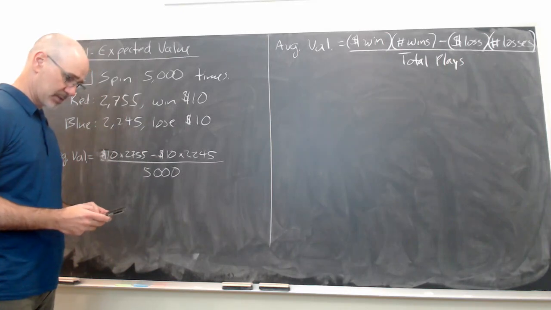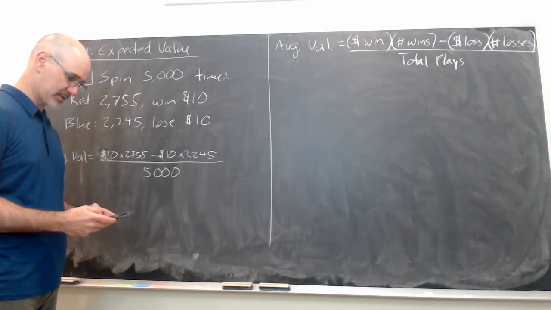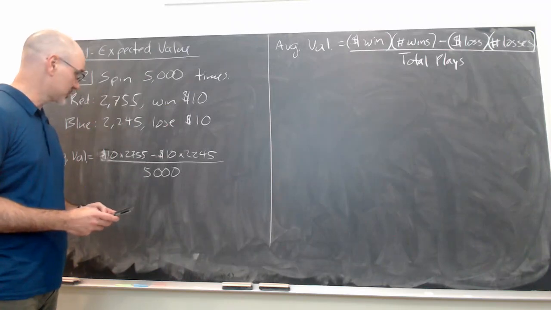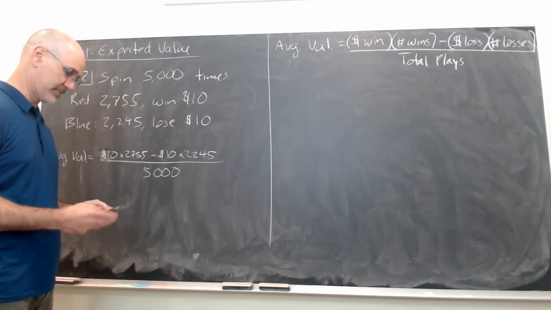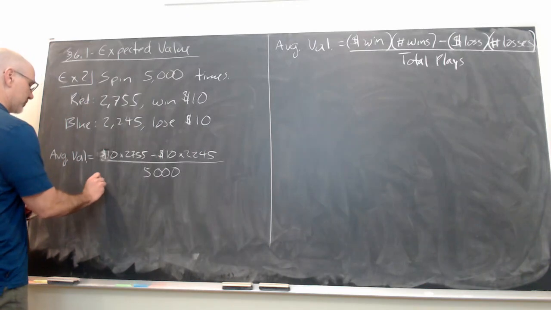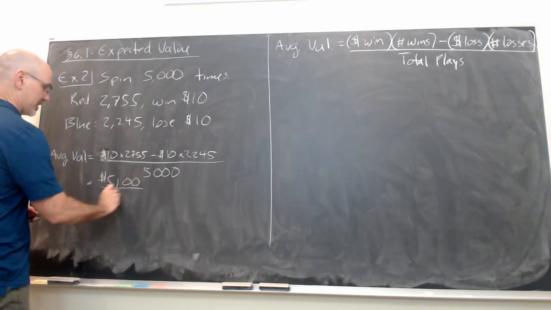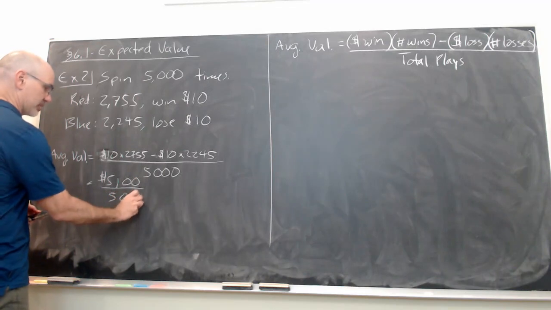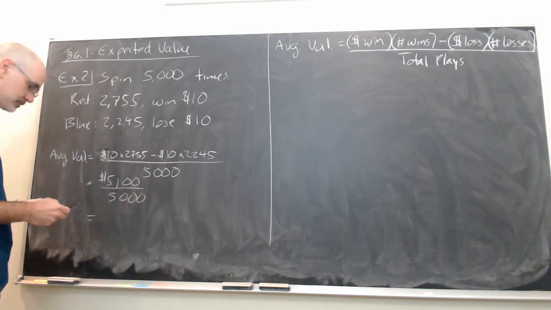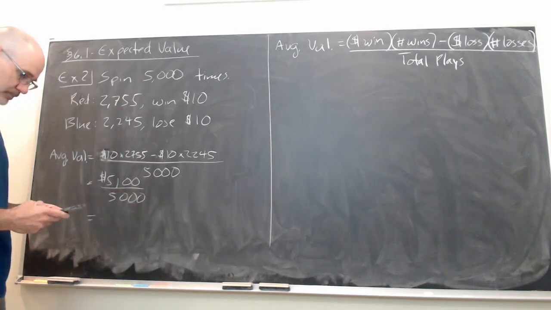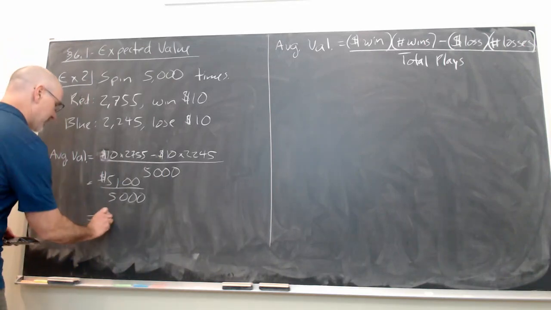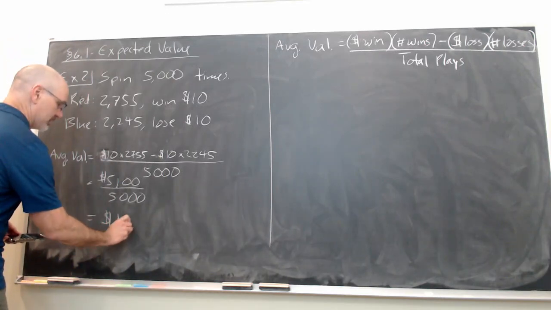All right, so I take 10 times 2,755 and subtract 10 times 2,245. That's 5,100. And I divide that by 5,000 for the number of plays. And I get an average win of $1.02.